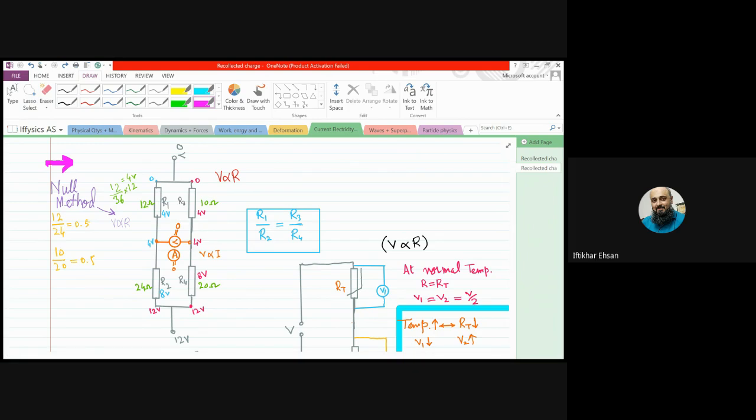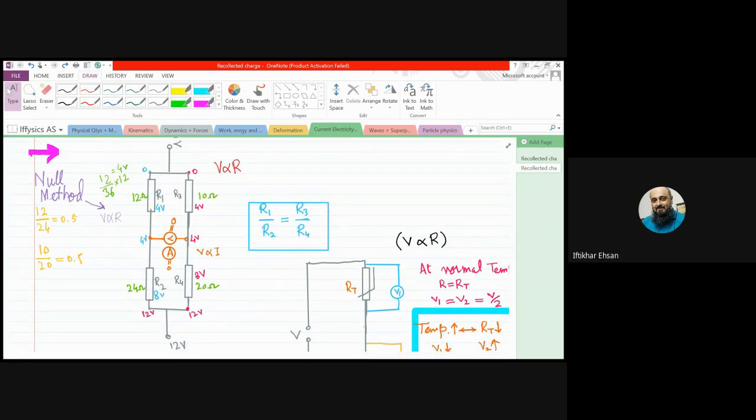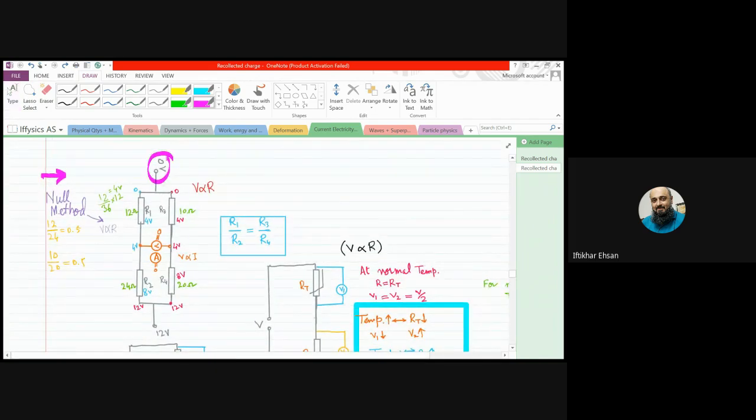Why would it give zero reading? If we apply the same method to find the voltage: the combined resistance of 12 and 24 is 36. The potential difference between these two terminals is 12.